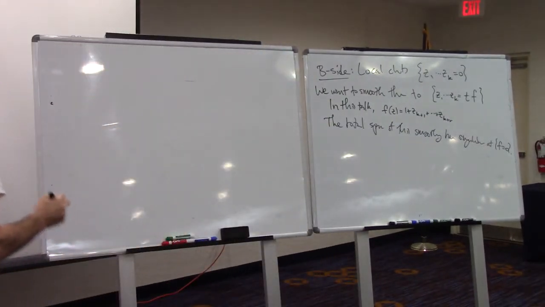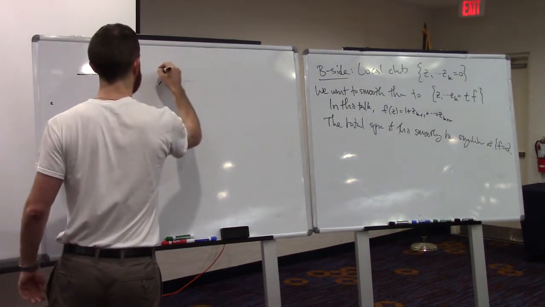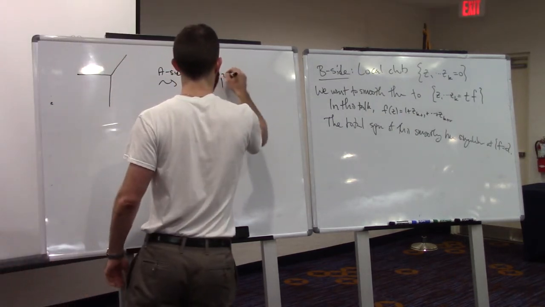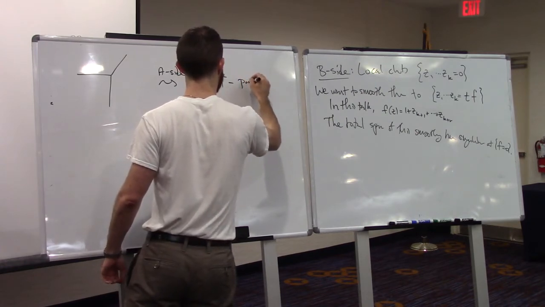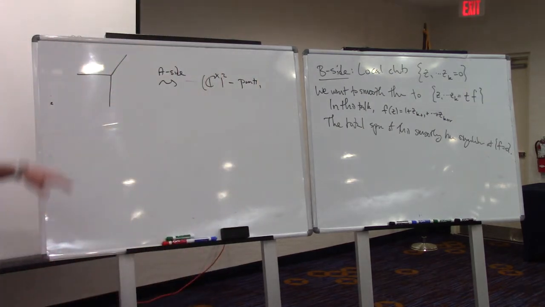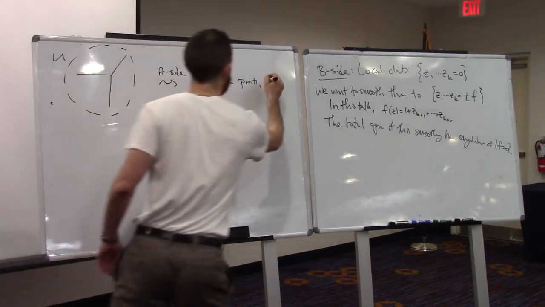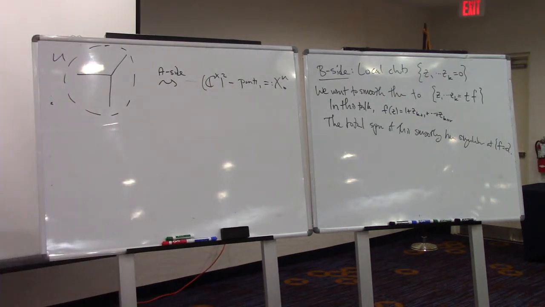When I see this picture, this tells me on the A side that I should take C star squared and delete a pair of pants. So that's what my X0U is going to be. Let's call this chart U. Now what do I want to glue back into X0U?